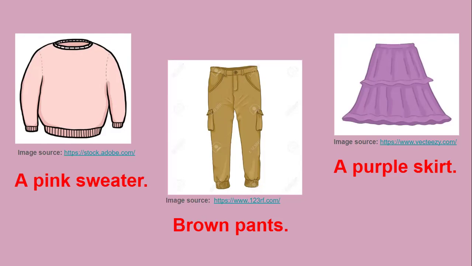So now, if someone asks you, for example, how does this t-shirt look, then you can say, this is a blue t-shirt. Okay, you now know how to say the clothes and their colors.